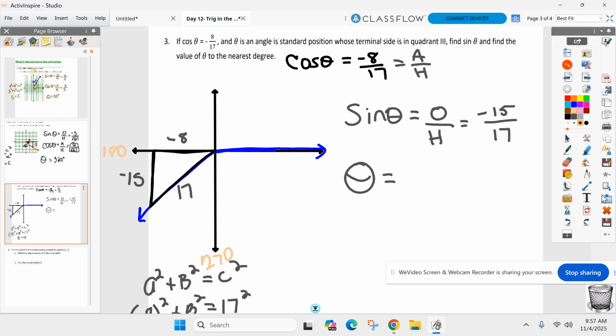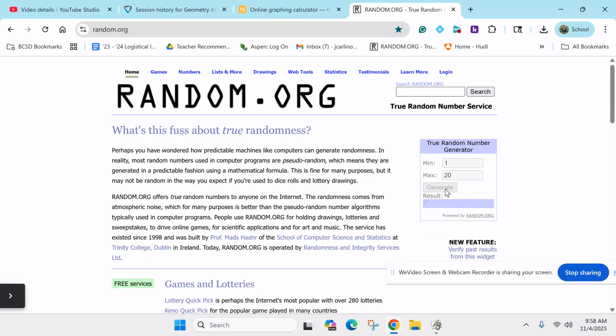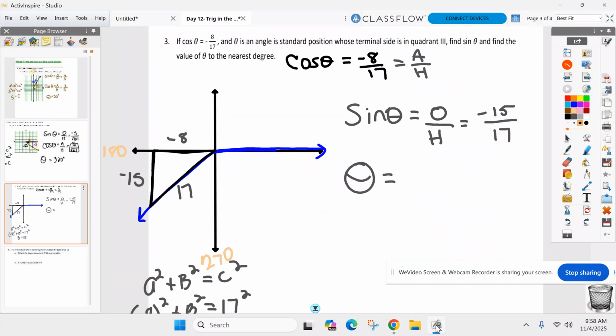Powerful calculators. All right, what do we got between 180 and 270 when you're ready? Samir, what between 180 and 270?